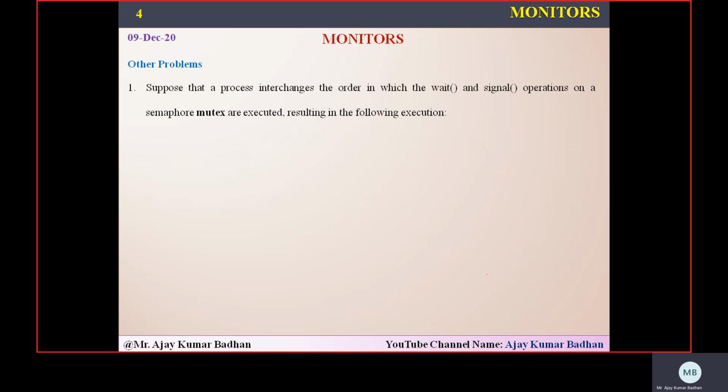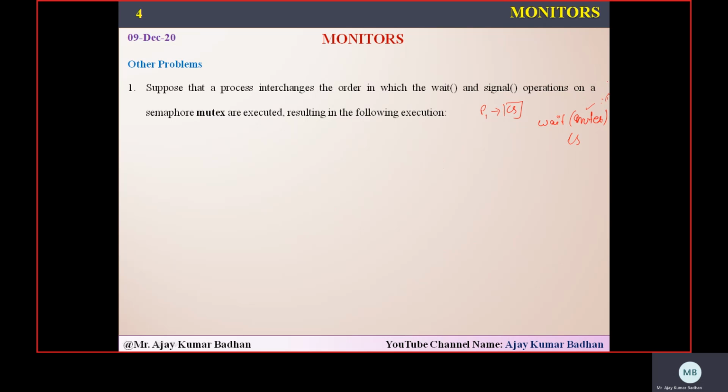First, suppose that a process interchanges the order in which the wait and signal operations on a semaphore are executed. What do I mean? Whenever a process wants to enter the critical section, it should execute wait of mutex, and when it does, it enters the critical section.